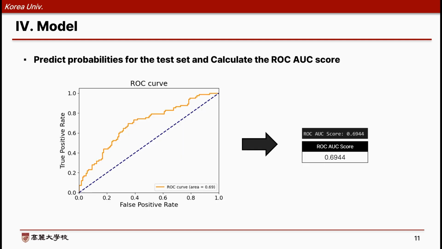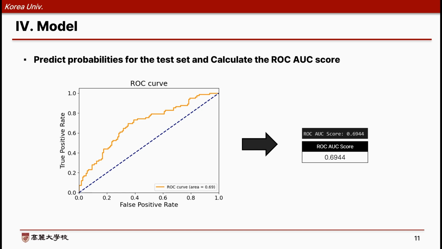Next, we visualized the ROC curve as an image, which shows how well the model classifies positive and negative classes at various thresholds. Analyzing the image, the orange solid line represents the model's ROC curve, while the blue dashed line represents the baseline for random prediction.